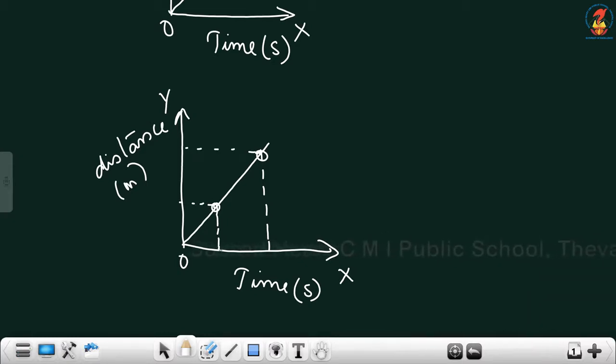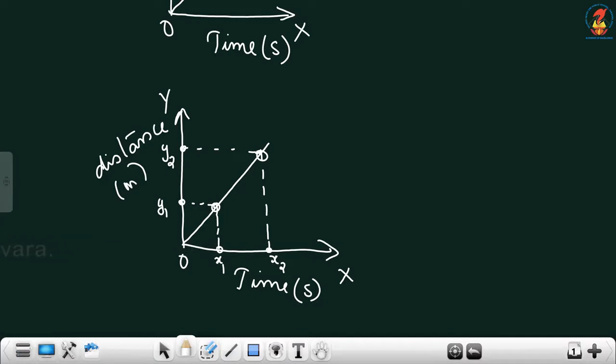So this point you will take as x1, this point as x2, this point as y1, and this point as y2.